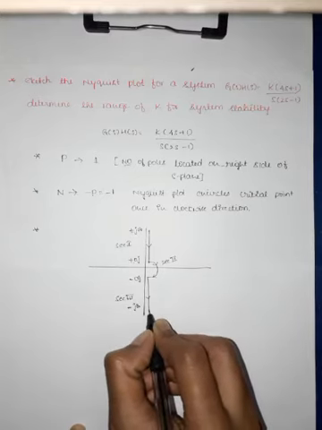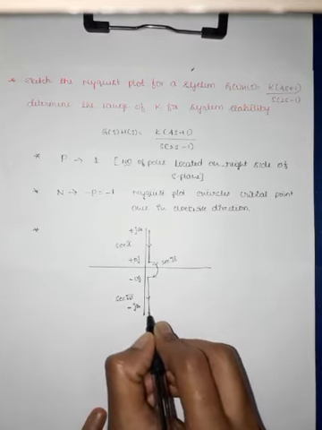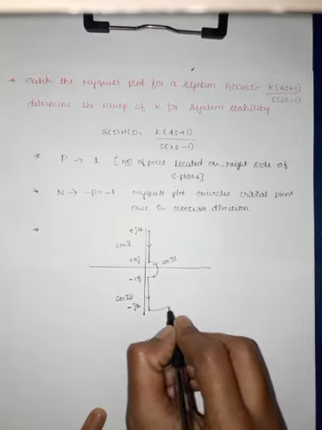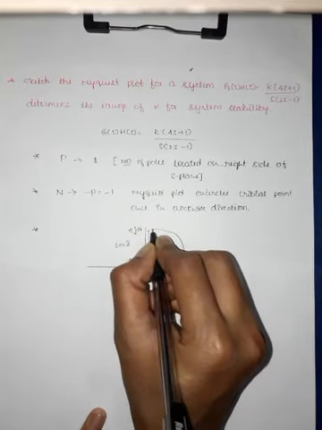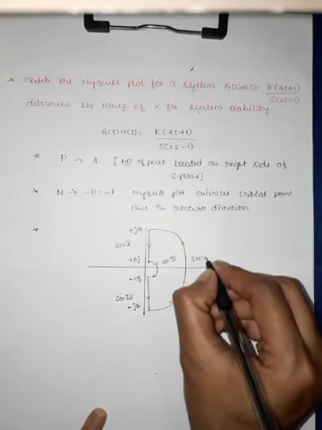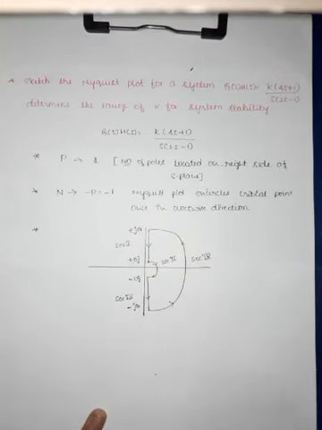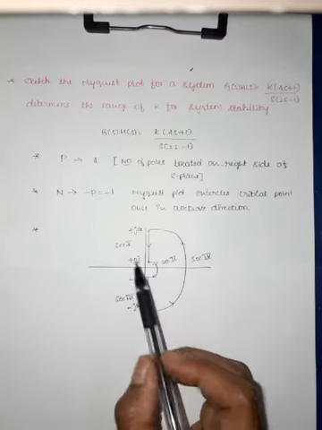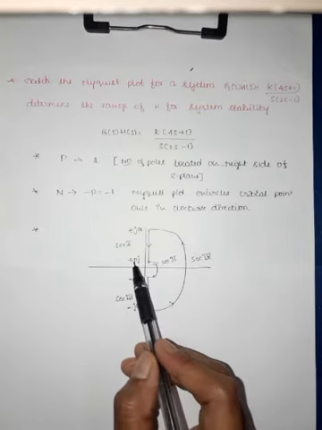And the fourth section starts from minus infinity and terminates at plus infinity. This is section 4. To summarize: section 1, the starting point is plus infinity and the terminating point is plus 0.